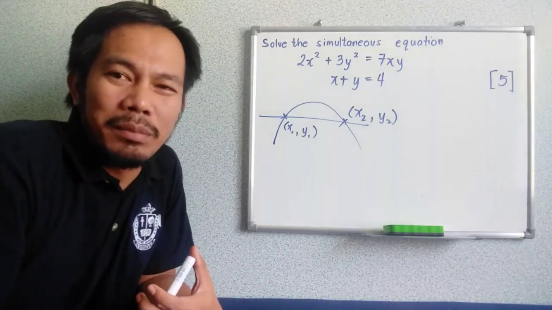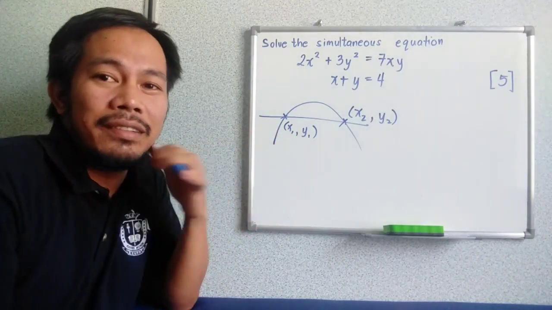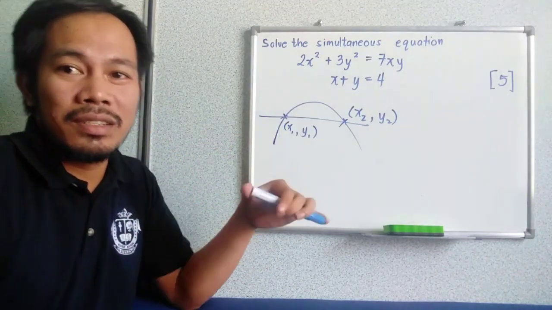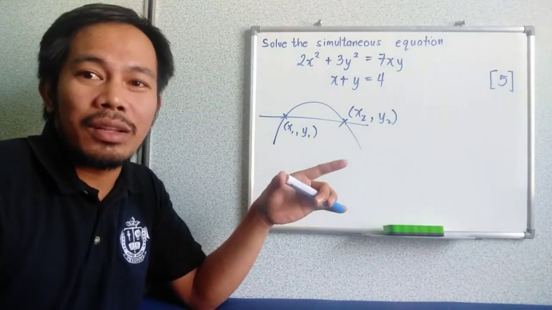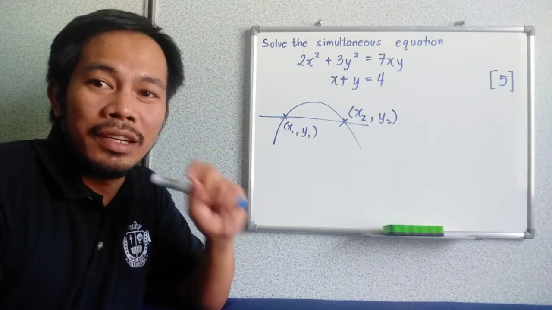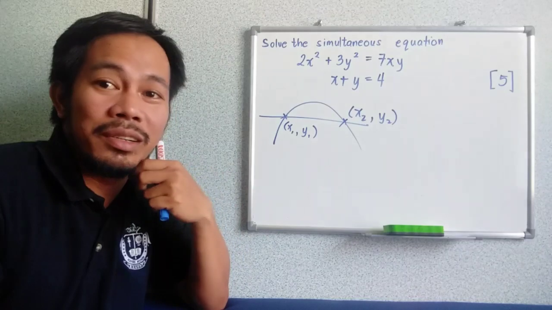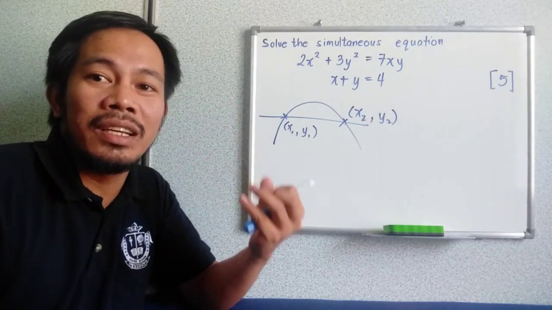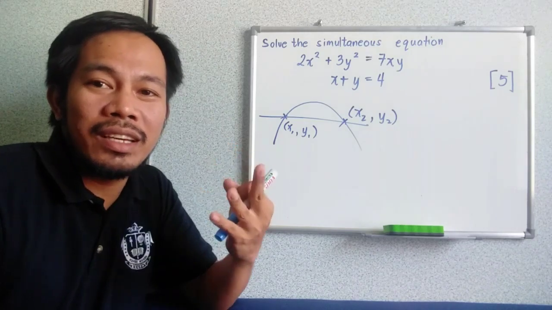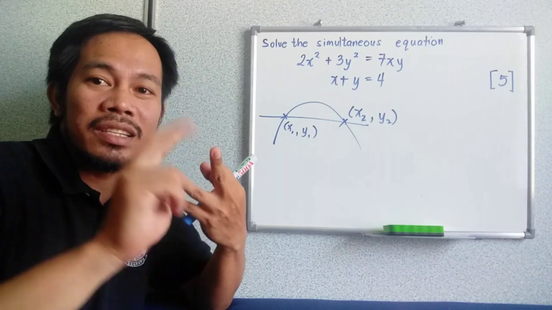But remember, not all curves and lines intersect at 2 points. There are curves and lines that only intersect at 1 point. There are also a curve and a line that do not intersect. So there are 3 situations. One is a curve and a line that intersect at 2 points.